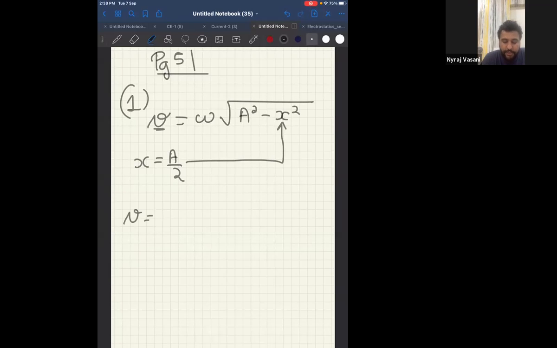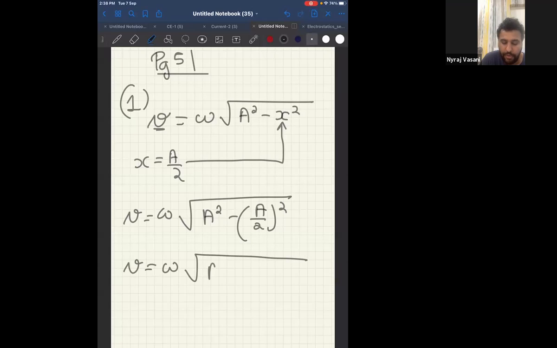Therefore, velocity is equal to omega under root a square minus, instead of x square, can I write a by 2 the whole square? Or can I write v is equal to omega square root of a square minus a square by 4. Can you continue now?